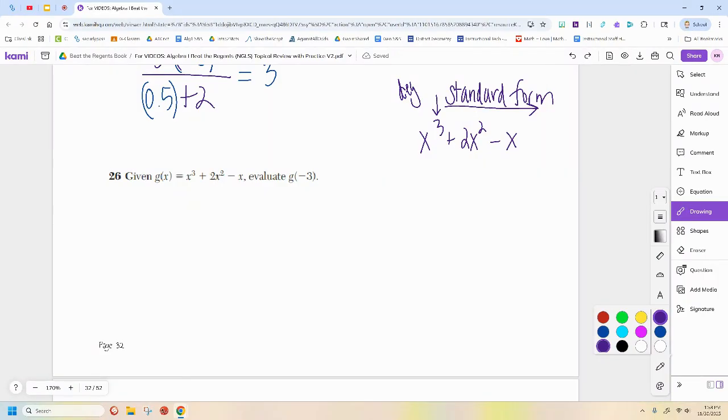This is a cubic. I have g of -3. So everywhere I see an x, I'm going to put a -3. So I have x cubed plus 2x squared minus x. This is the perfect example of why I need parentheses, because now I'm going to input a -3, a -3, and a -3.